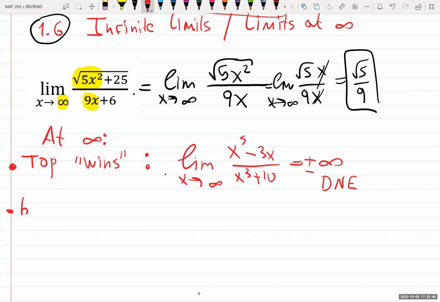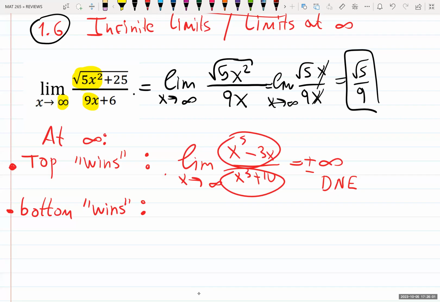Now, if the bottom wins, I imagine it as a competition of two universes. One is expanding to infinity, and another one is expanding to infinity. Then we're finding the ratio. Which one wins? Sometimes they have the same speed up to a constant. That means x cancels out with x.